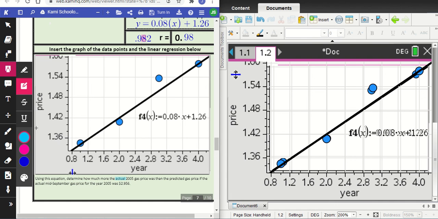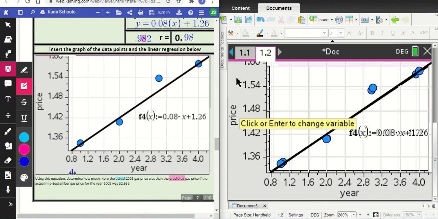That's the actual. One of these values is predicted. And we're taking the difference between them, right? So they gave us the actual price of 2.956. So we're going to find the predicted price because that would be a point on this line.